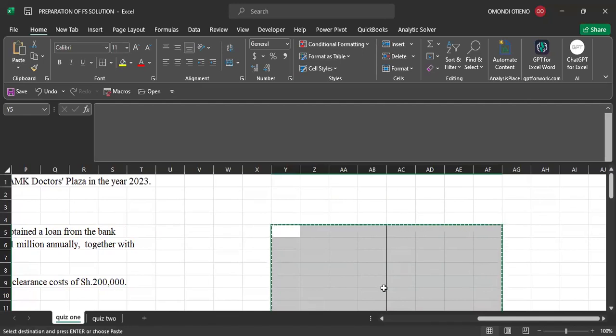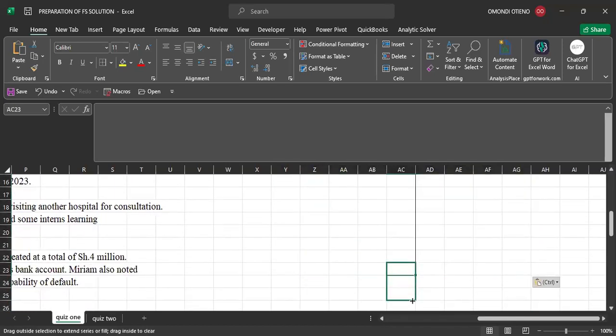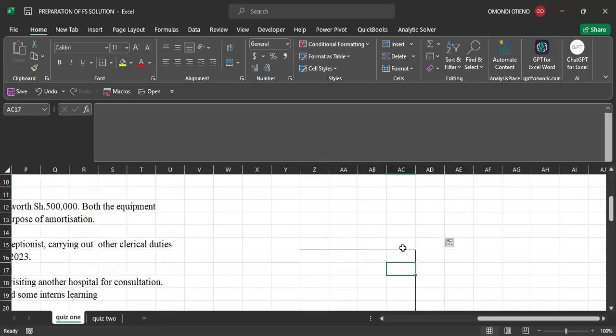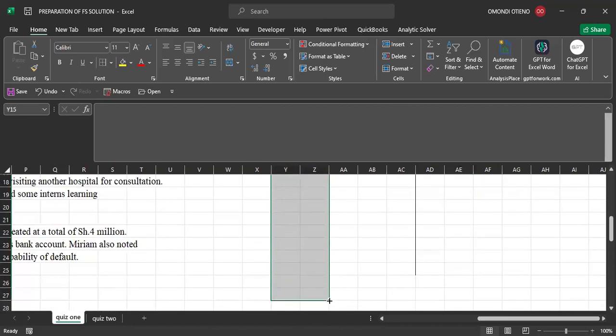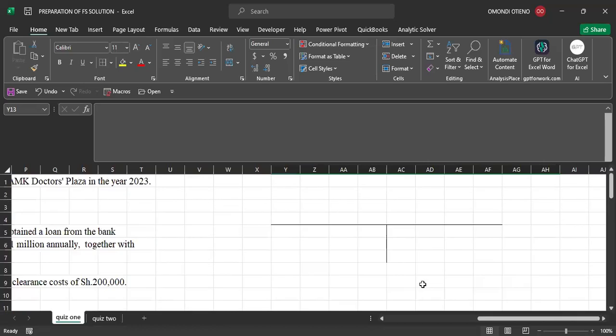We are talking about capital. This one here will be the capital account.